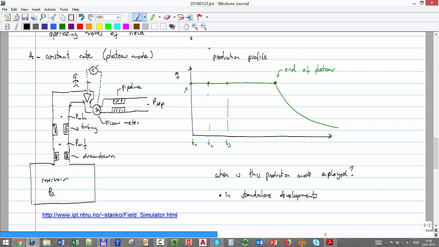That means a field that is going to have its own processing facilities, its own production structure, offshore structure, that I have to build everything from scratch, that I cannot use any neighboring field to produce.